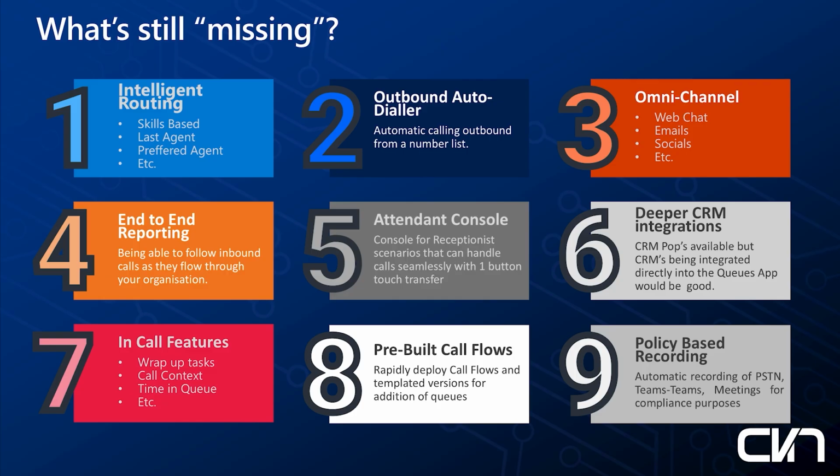All of this is very inbound right now, but contact centers are both inbound and outbound at times. So being able to automatically dial outbound, making it more of an inbound and outbound Queues app experience, is definitely still missing.